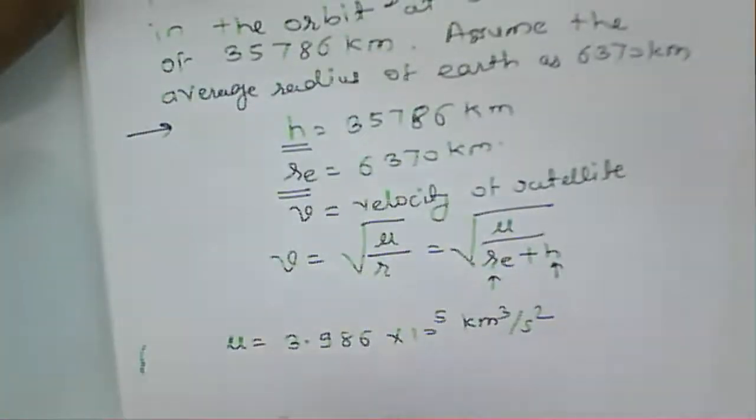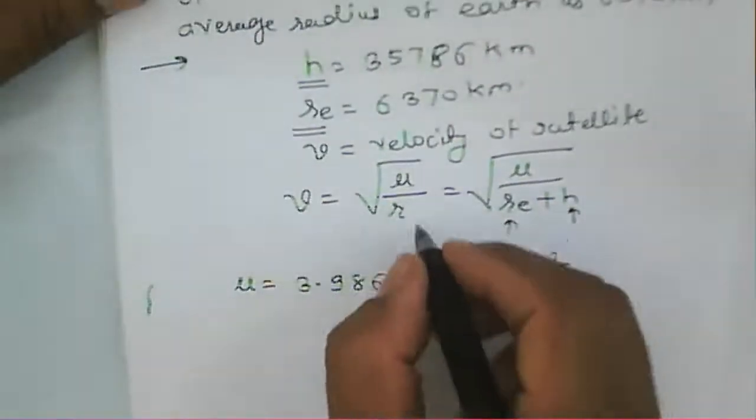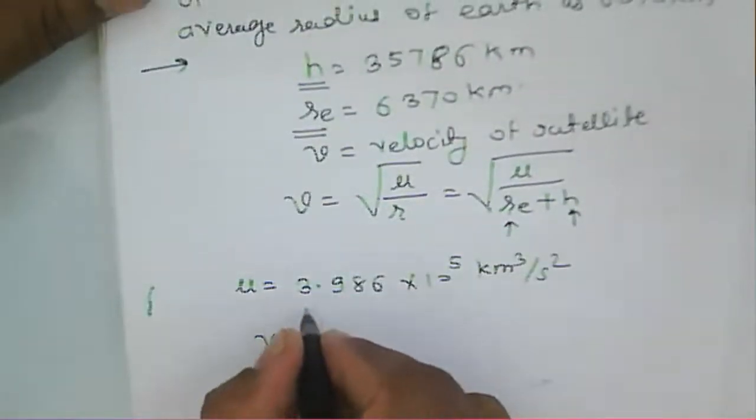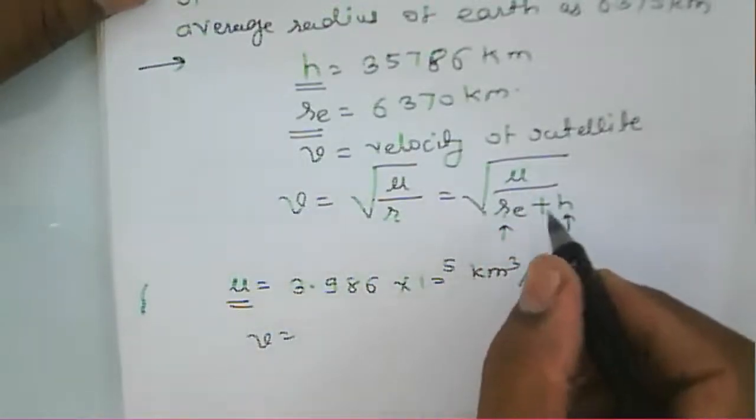Now you can put that gravitational constant here, 3.986, and we have Re plus Ra.